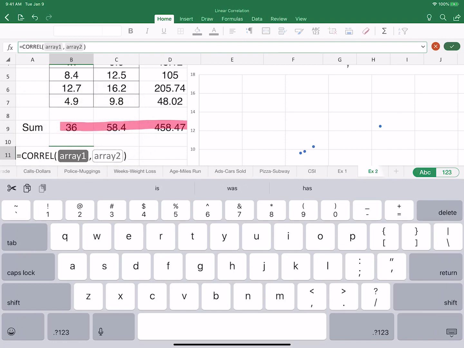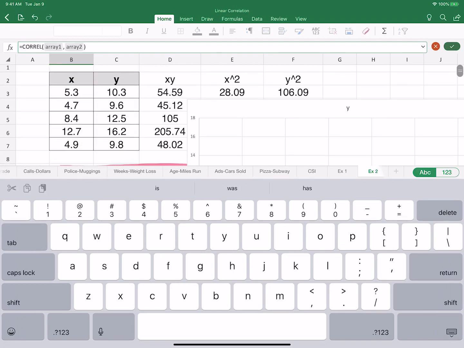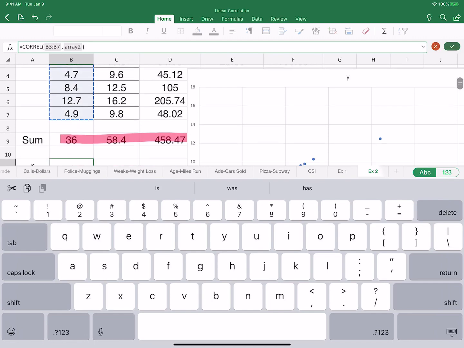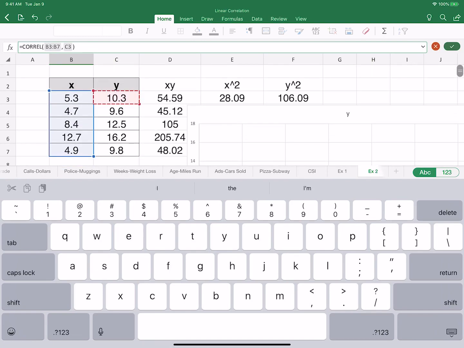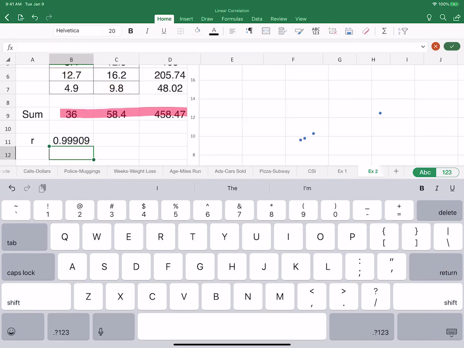So I put my x values first. Now I go to the second array and put the y values. So what do we get for an r value here? That's actually, r is approximately 0.999.